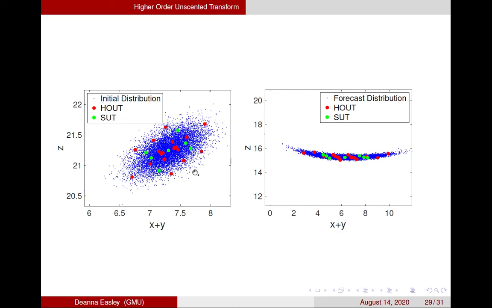We can see that the sigma points for the standard unscented transform aren't really capturing all of the variation. You can see here that the red sigma points are capturing the full envelope of the distribution, whereas the green points are sort of in the middle, missing a lot.